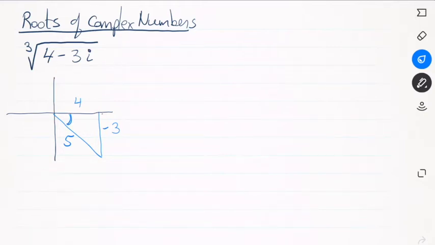So tan inverse is actually going to give us the right answer because it's in the 4th quadrant. So this will be theta. If it's in the 1st and 4th quadrant, we're pretty safe. It's when it gets into the 2nd and 3rd that we have to be very cautious, generally adding 180 degrees. All right, so tan inverse of negative 3/4.